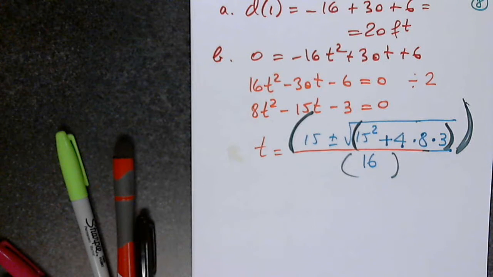So the left parenthesis at the top, left parenthesis, 15 plus the square root in parentheses. 15 squared and then plus 4 times 8 times 3. Close the parenthesis and divide by 16.